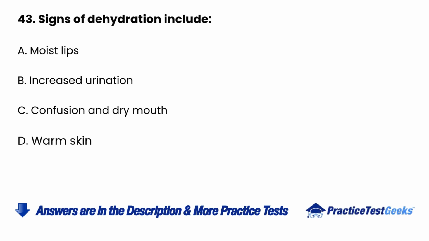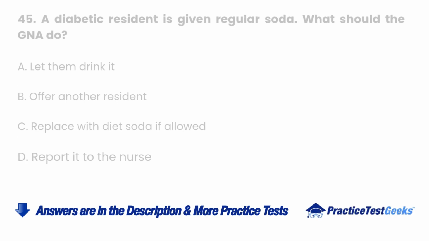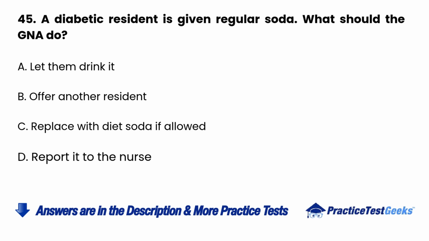D. Warm skin. 44. The best way to ensure a resident eats enough is to A. Stand over them. B. Sit and encourage them patiently. C. Force feed them. D. Call their family.